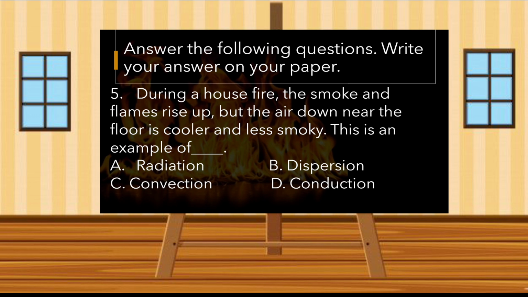Last, number 5. During a house fire, the smoke and flames rise up, but the air down near the floor is cooler and less smoky. This is an example of A. Radiation. B. Dispersion. C. Convection.